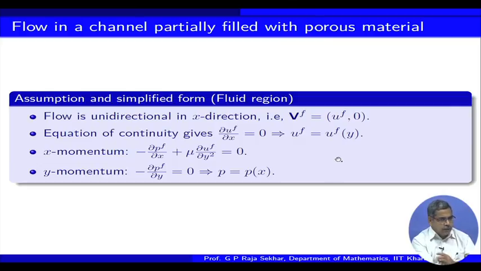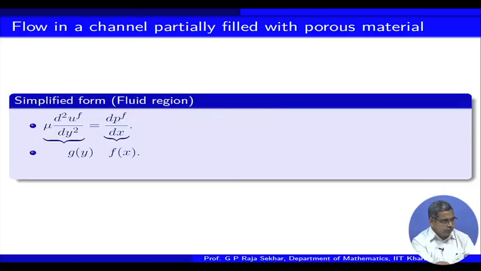This is more or less in line with what we have discussed for the clear flow channel case. Quick look at the conclusion: dp/dx is constant. This we have discussed a number of times.